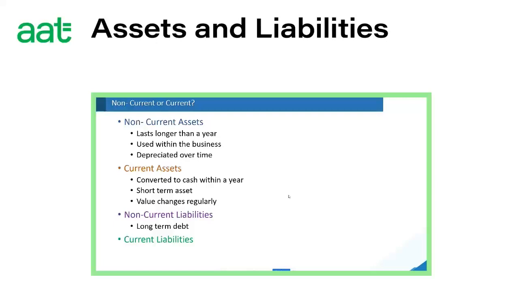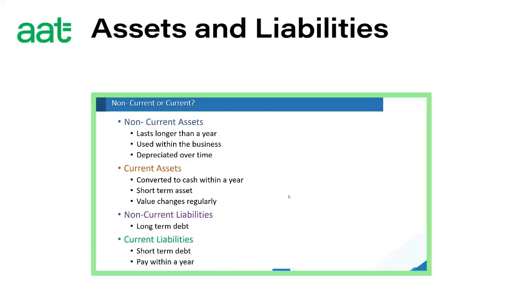Okay, then current liabilities, similar to current assets, but this is money that you owe in the short term and it's got to be paid within the year. So for instance, a bank overdraft, the bank could ask you to pay back an overdraft at any moment in time. If you've got a £5,000 overdraft and the bank wants the money back, then that's short term.